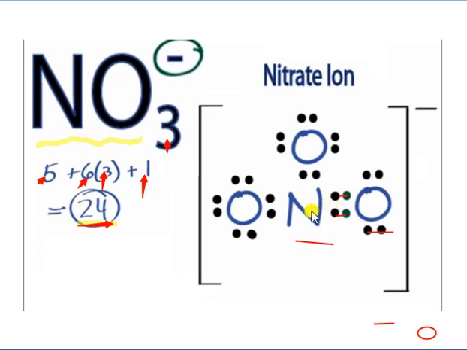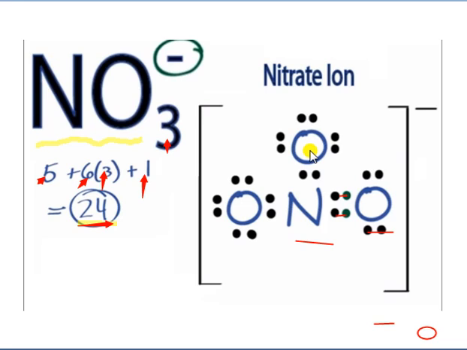That means out of 5, nitrogen has already shared 2 electrons with the oxygen atom to form the double bond. Now comes the second one. Here oxygen has 6 valence electrons, but because of the negative charge, one extra electron is present on this oxygen atom, so it contains a total of 7 electrons.